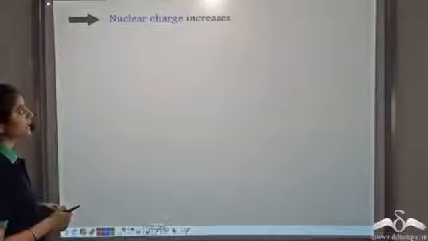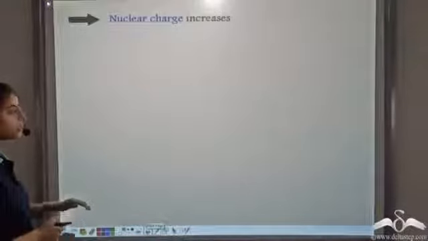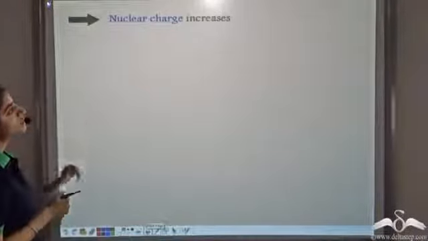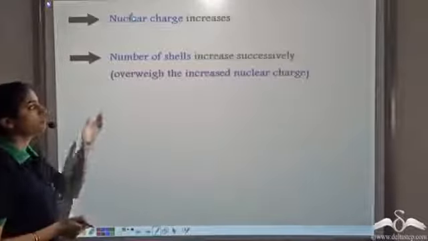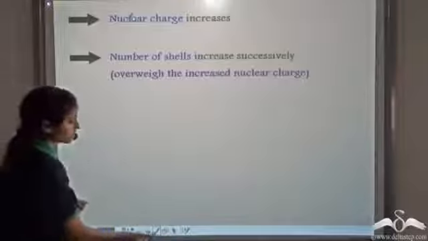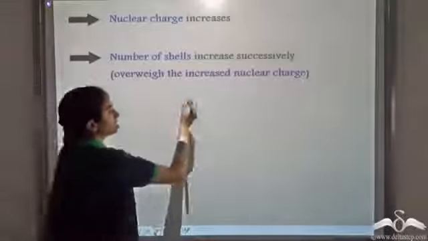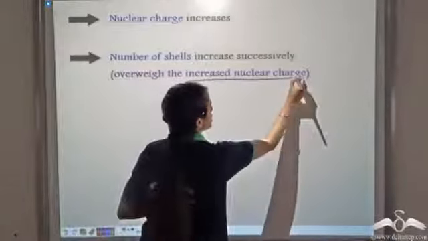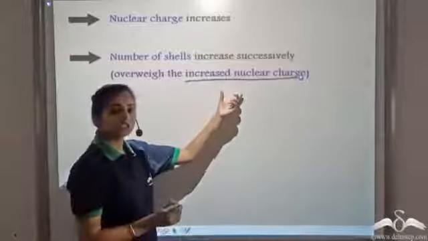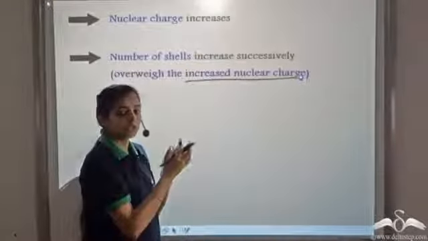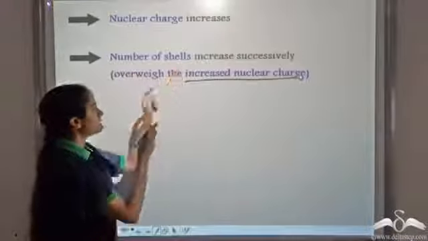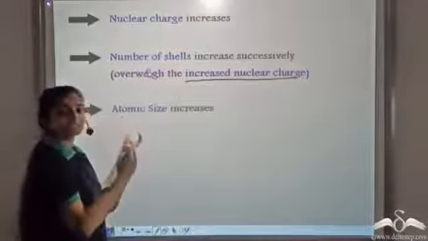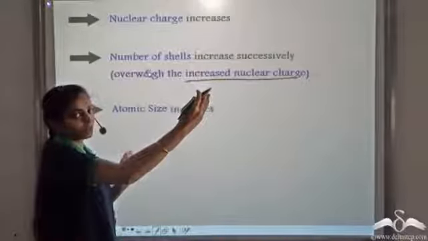So let's revisit again. On moving from top to bottom in a group, the nuclear charge increases. Also, the number of shells increases, which overweighs the increased nuclear charge. We know the effect of nuclear charge is that it tends to pull the outermost shell closer to itself, but the increase in the number of shells increases the distance between the nucleus and the outermost shell.